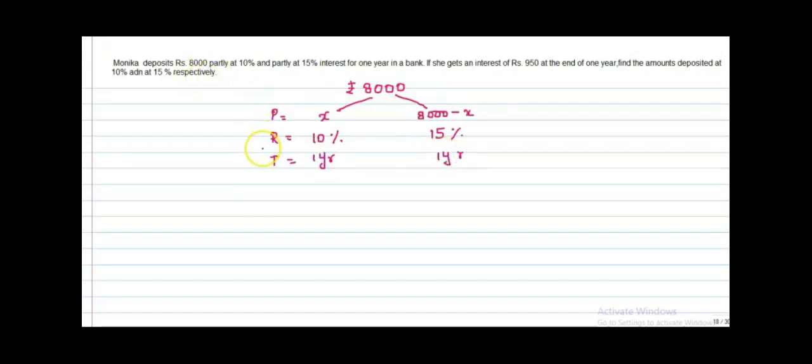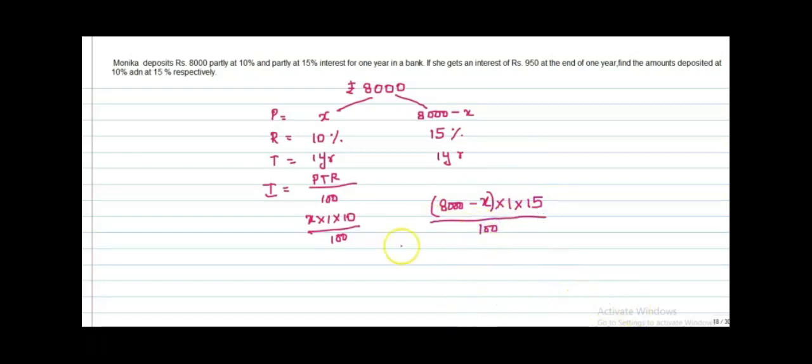Now the simple interest formula is PTR by 100: principal into time into rate of interest by 100. In the first case it is x into 1 into 10 by 100, and in the next case it's going to be 8,000 minus x into 1 year, and rate of interest 15% by 100.